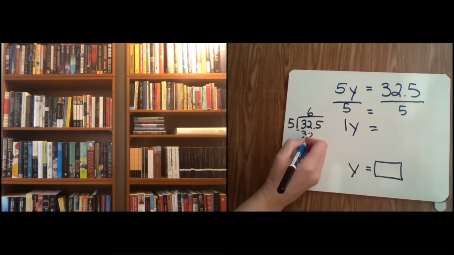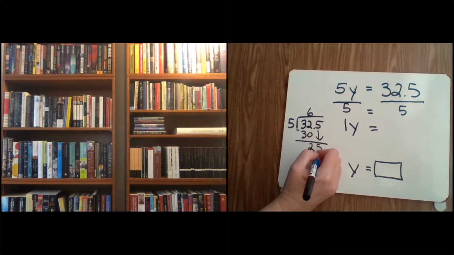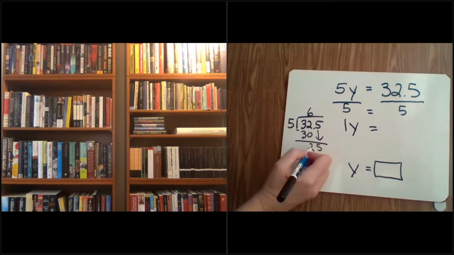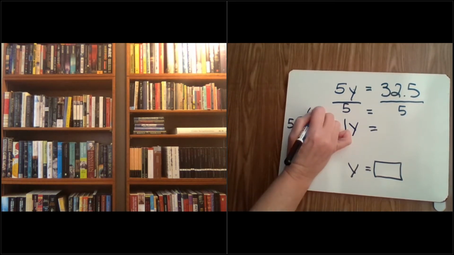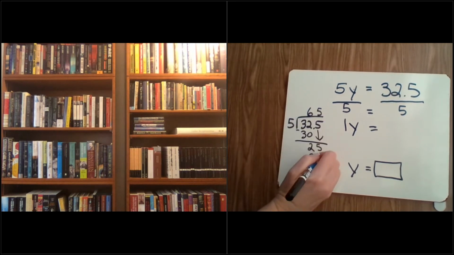I'm going to subtract and end up with 2. Now I'm going to bring down my next digit, which is a 5. 5 goes into 25 5 times. 5 times 5 is 25. I'm going to subtract, and I'm going to end up with 0.